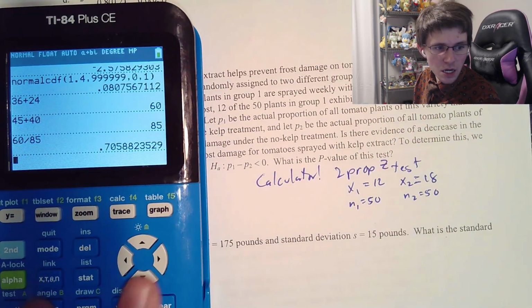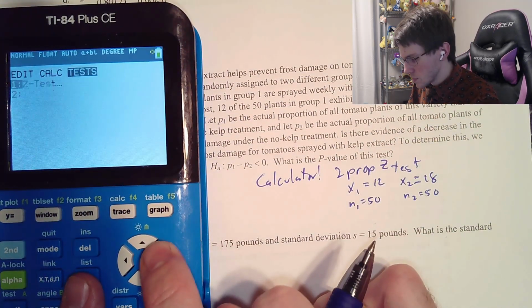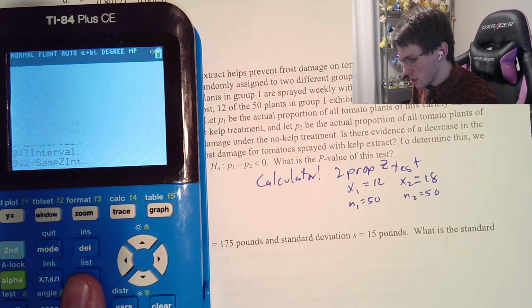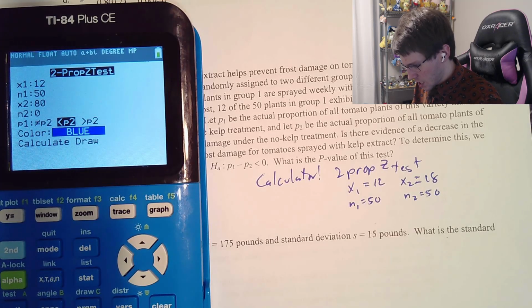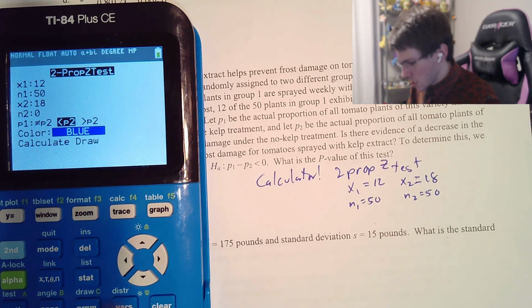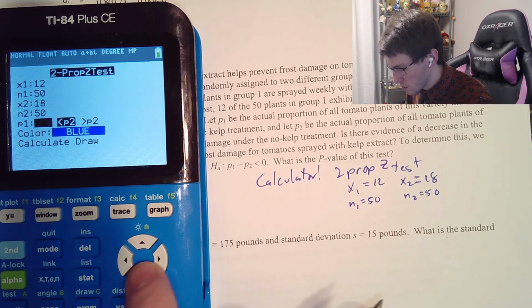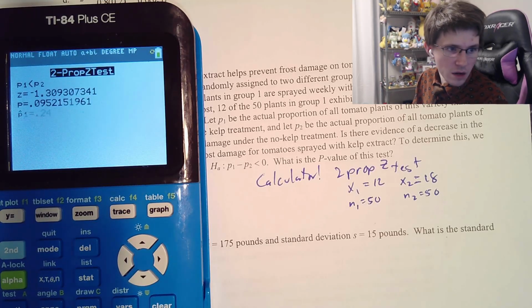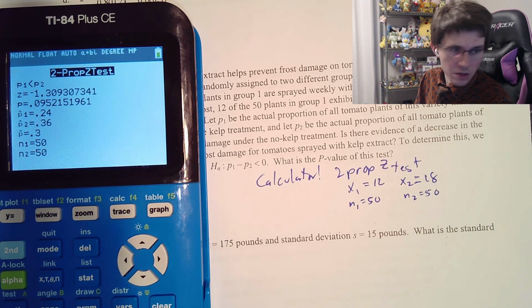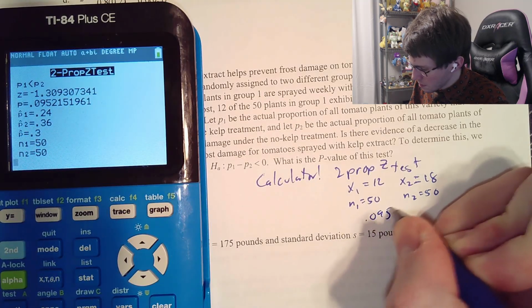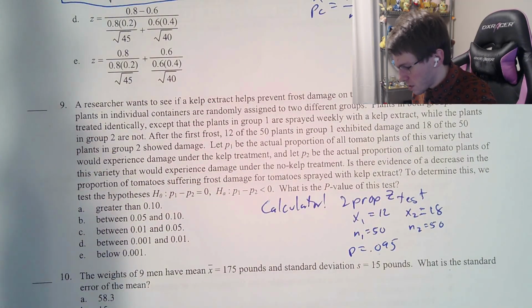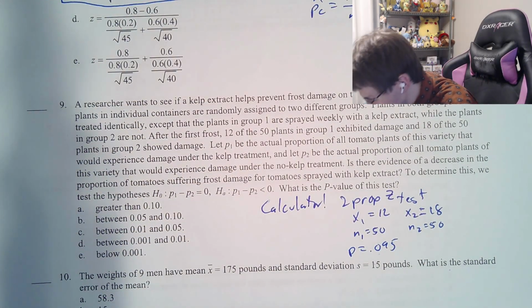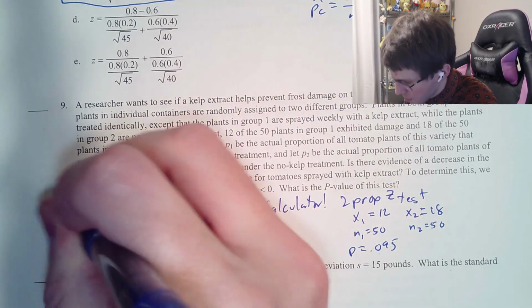So we go to stat tests, 2 prop Z, and enter X1 12, N1 50, X2 18, N2 50, less than, and calculate. Looks like our p-value is 0.095, so letter B. There you go.